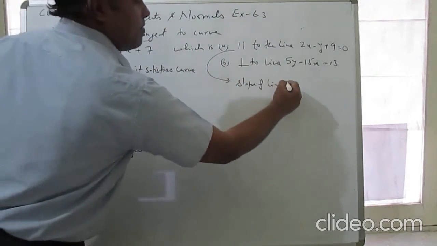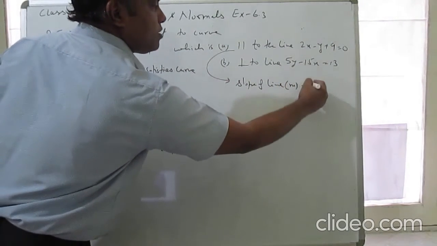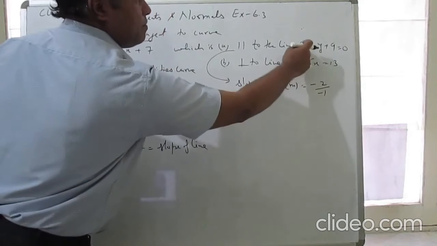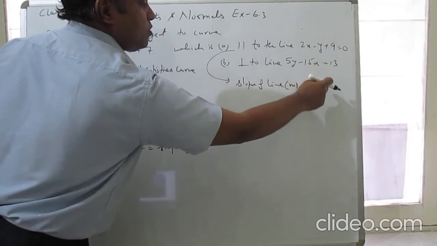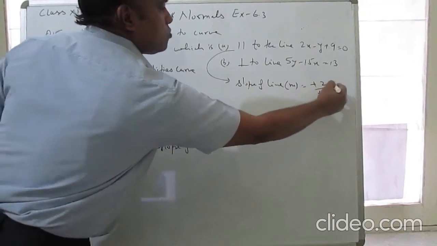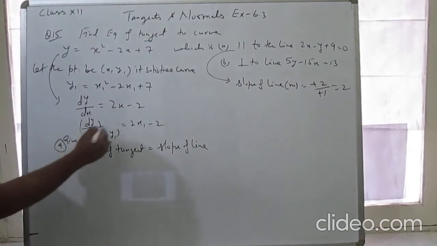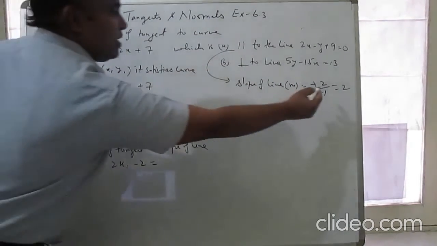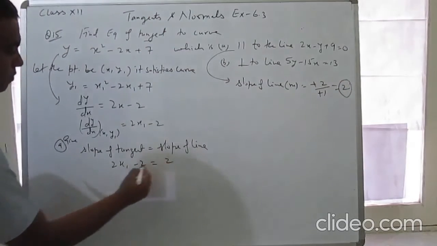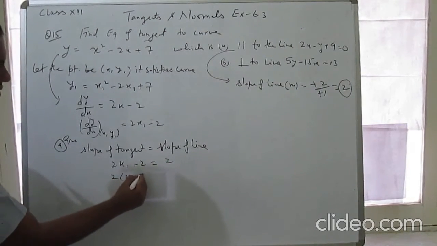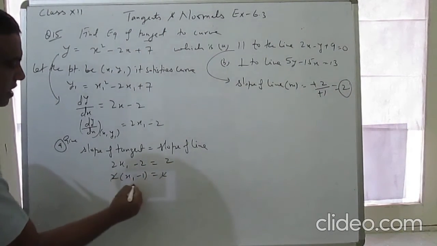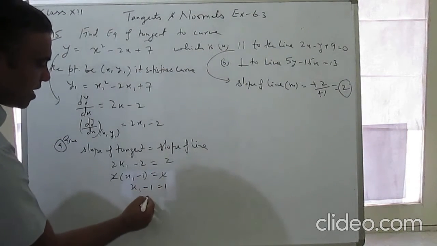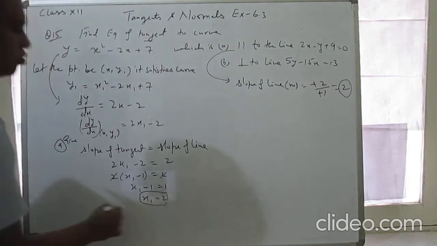I will take m is equal to minus coefficient of x upon coefficient of y. The coefficient of x is 2 and of y is minus 1, so slope is 2. So slope of tangent is 2x1 minus 2, and slope of line is 2. Take 2 common: x1 minus 1 is equal to 1, x1 is equal to 2.